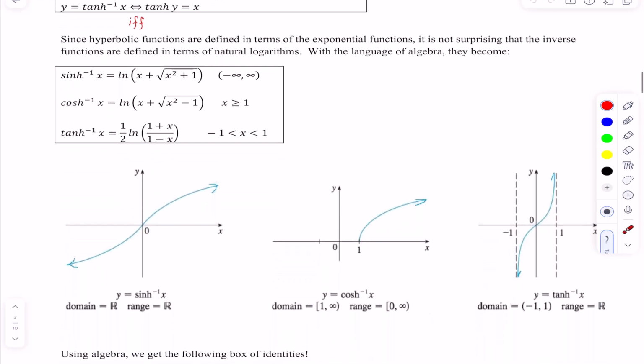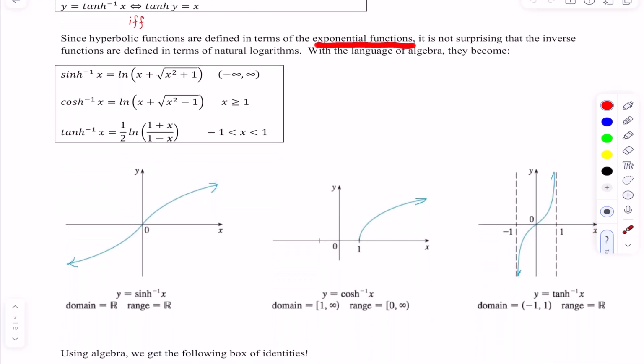Since the hyperbolic functions were in terms of exponential functions, it's not surprising that the inverse functions are defined in terms of the natural logarithm. With the language of algebra, these are the inverse hyperbolic functions.